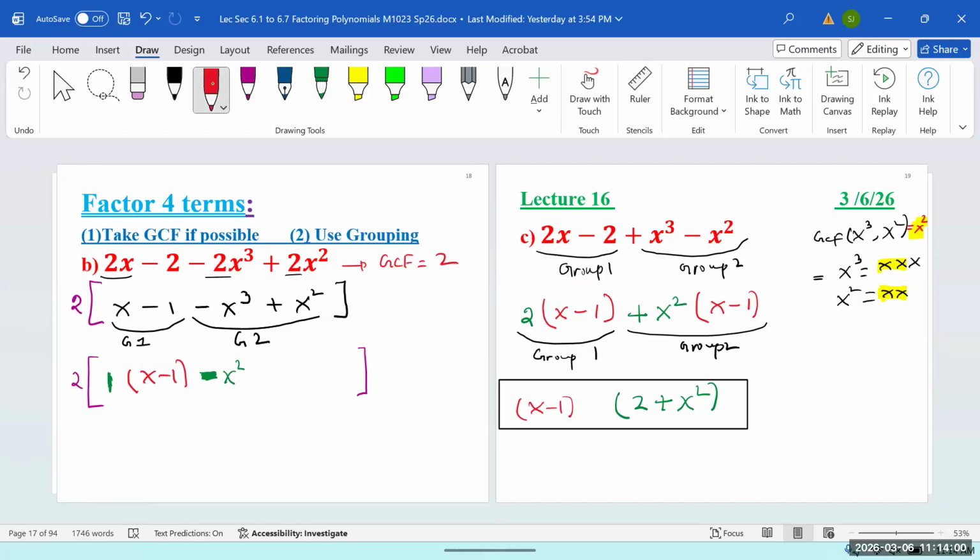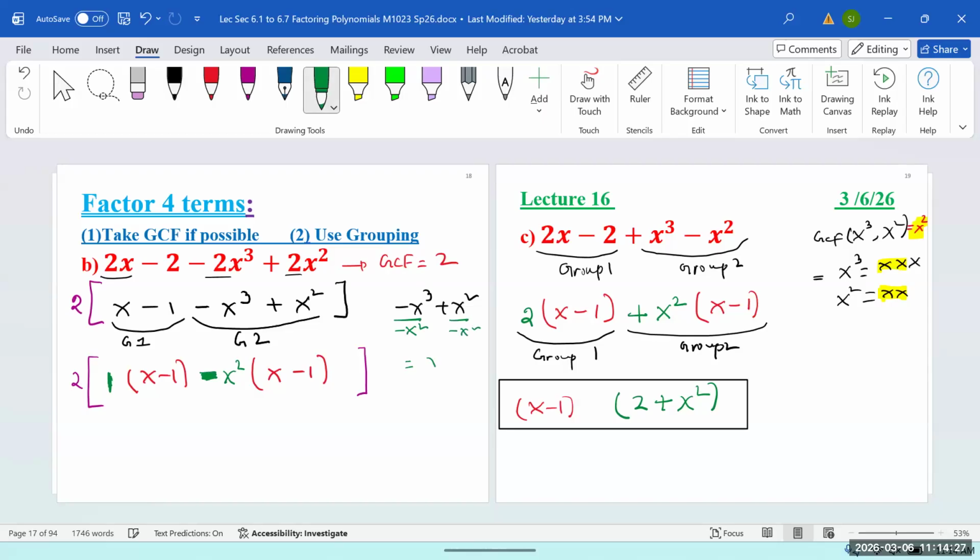Now, once we factor out the negative x squared, what do we have in our second group? x and then minus 1. If you're wondering how we have that, it's because our second group is negative x cubed plus x squared. We factor out negative x squared, which means we are dividing by negative x squared.